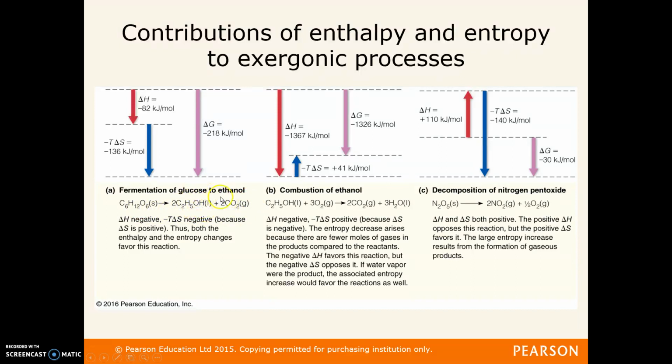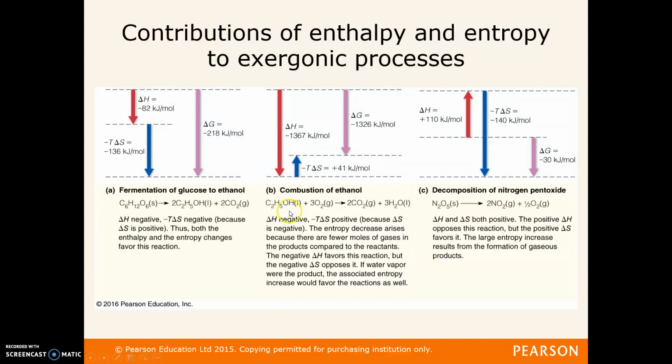Okay, that has more entropy, right? In addition, you're going from a solid to liquid and gas phase, which again is more entropy. So this reaction has a large entropy change, right? And this is really giving it the bulk of the energy, but we are still liberating some energy from the bonds itself.